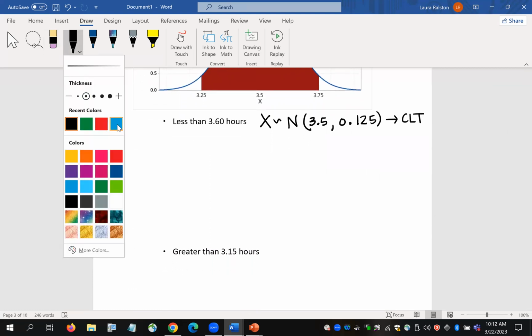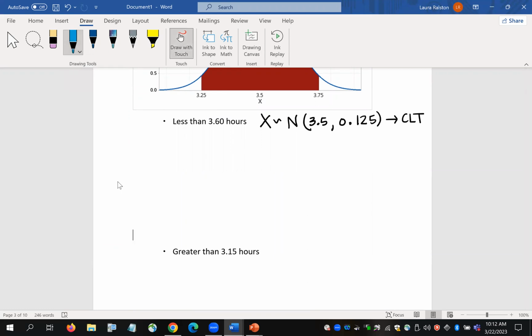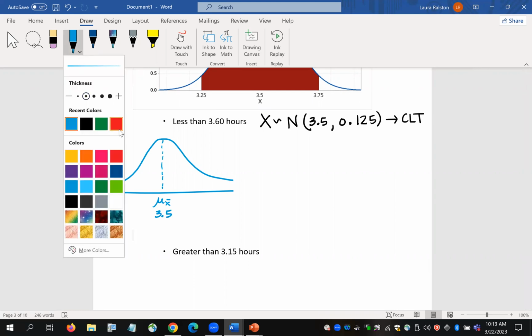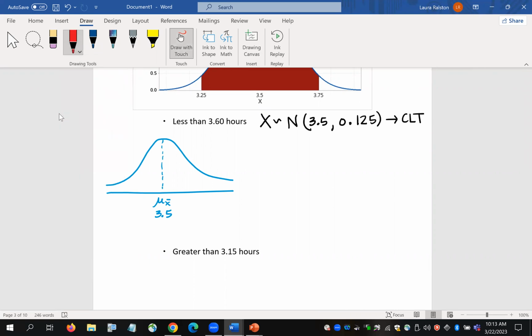So again, I'm going to draw a picture. So I have my horizontal number line, my normal bell-shaped distribution with my mean in the middle, which is 3.5. This question says less than 3.6 hours.